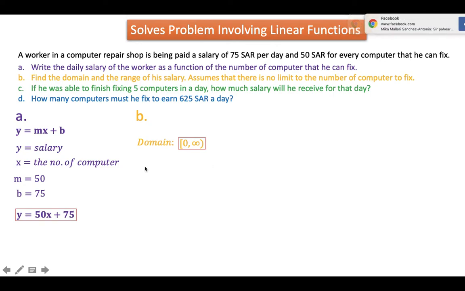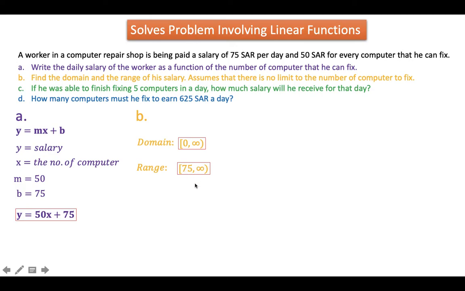he can fix. Okay, so for our range, remember that range is the set of all y values. And in this case, our y here represents the salary. What is the minimum amount of salary that he can receive? That is 75 reals if there were no computers fixed on that day.